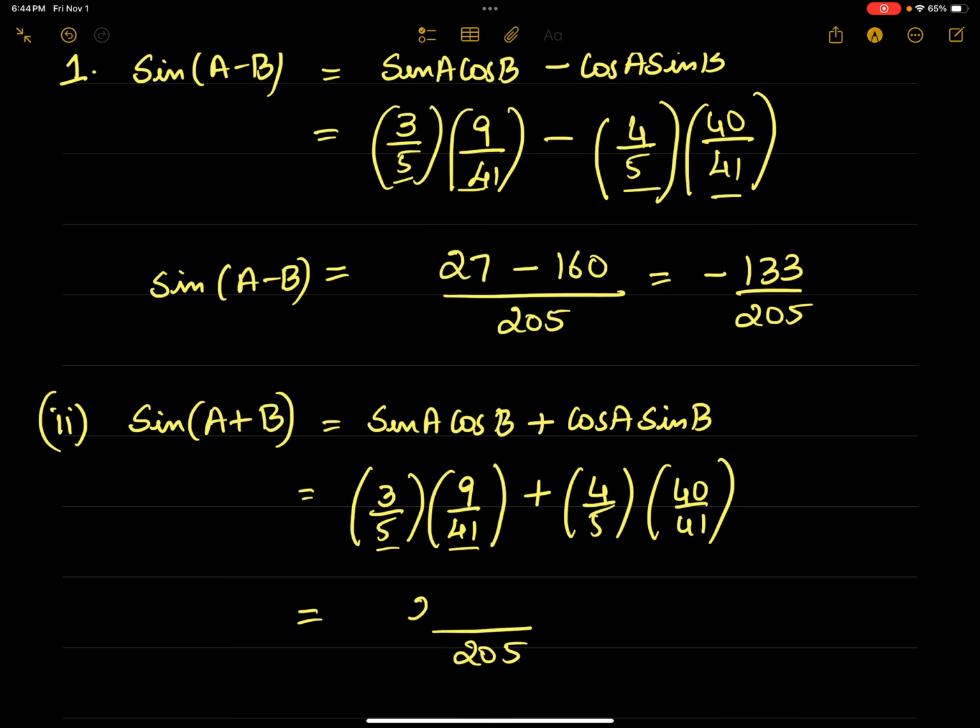This would be 27 plus 160, which is 187 by 205. So that is the value of sine of A plus B.